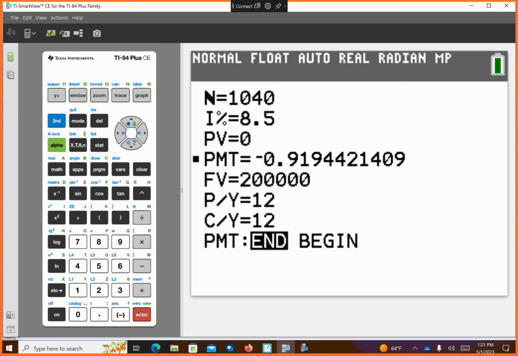Whoops. I made a mistake. Oh, I think I see it. So this is money paying to me, so I'm going to go negative 200,000. I think that'll work. Go alpha solve there.